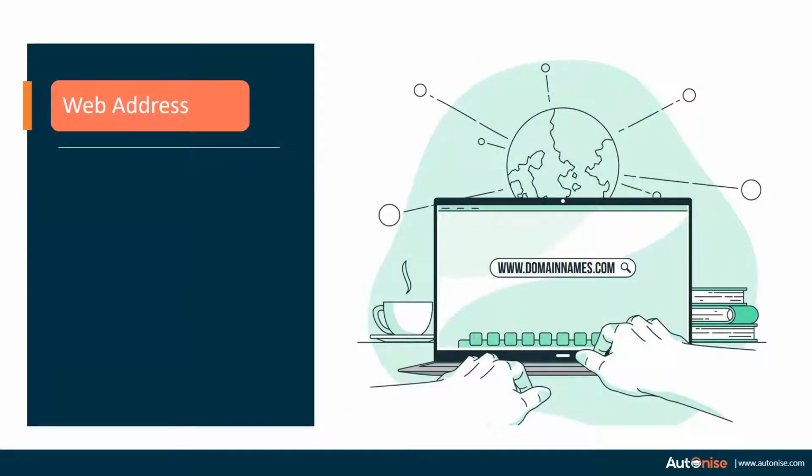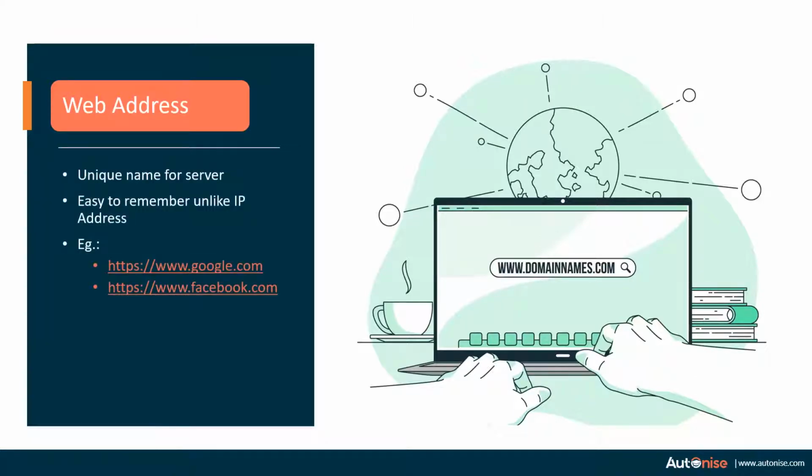Whenever you open a browser, you type in a web address. Why do we need to use web addresses? Because every computer has a specific name. Now, if you want to access a specific website, you have to specify that name of the computer which holds all the information about your website.